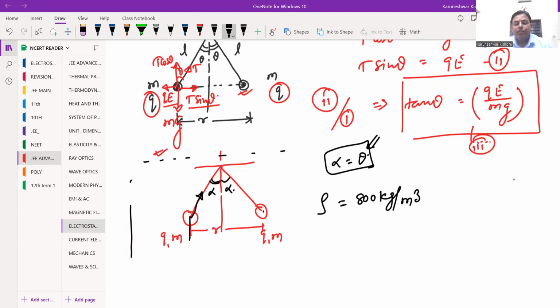You can see here mg is the force applied by the earth. There will be a force applied by the liquid also, that is the buoyancy force, and there will be the component of tension, I am considering T1 here, so it is T1, and this angle is alpha, so T1 cos alpha. And there will be another component of T1, that is T1 sin alpha.